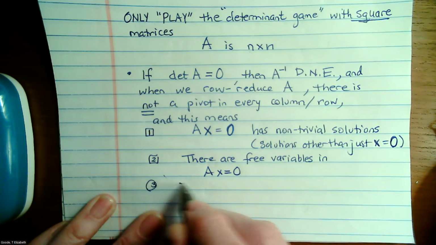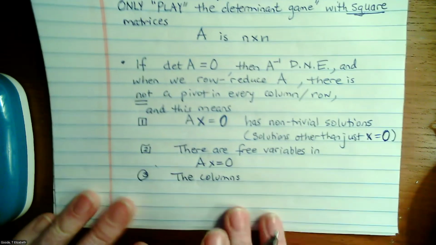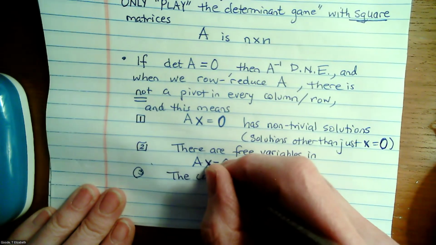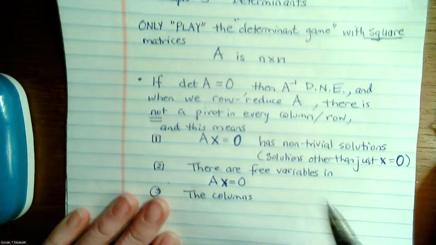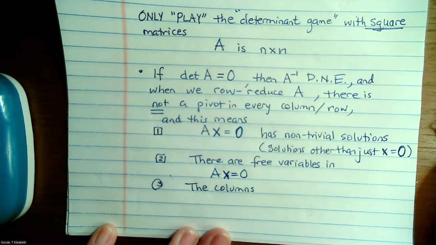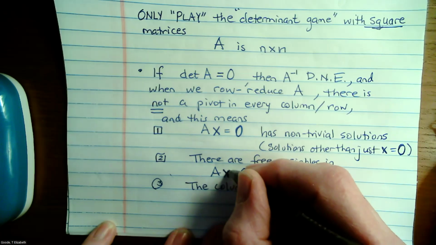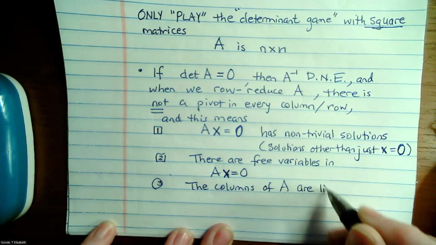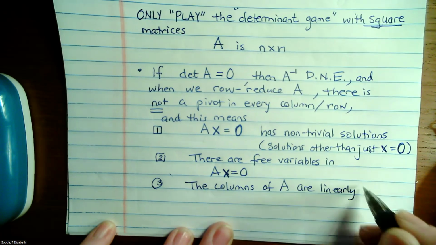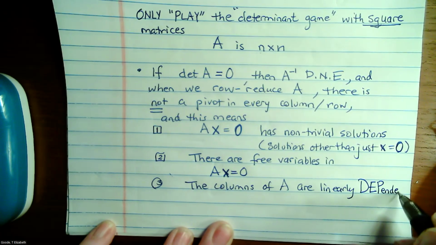And that means the columns of A are linearly dependent, because if there are free variables, then we can solve and tease out some vectors that will be an explicit description of the solutions to AX equals 0. The columns of A are linearly DEPENDENT. I always put that in capitals so that we don't accidentally misread it.